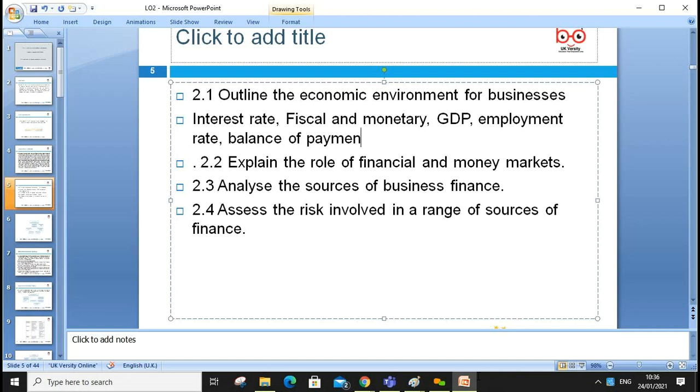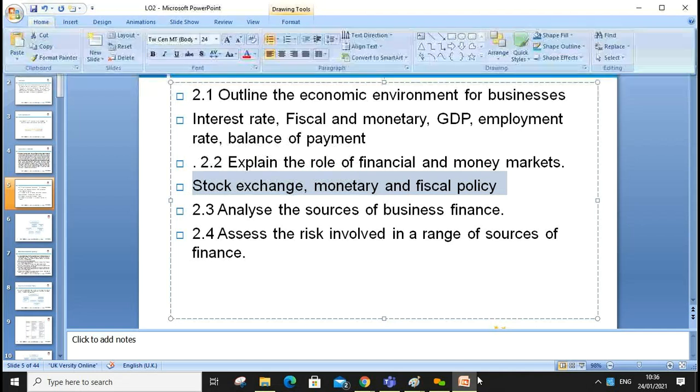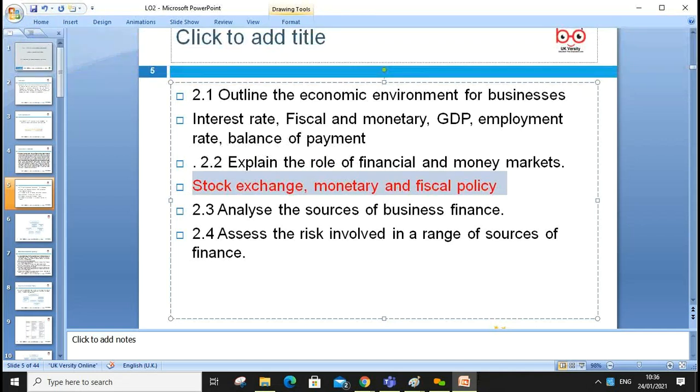When we talk about the money market, it means the stock exchange, which is linked with monetary and fiscal policy as well. We will go through each area.